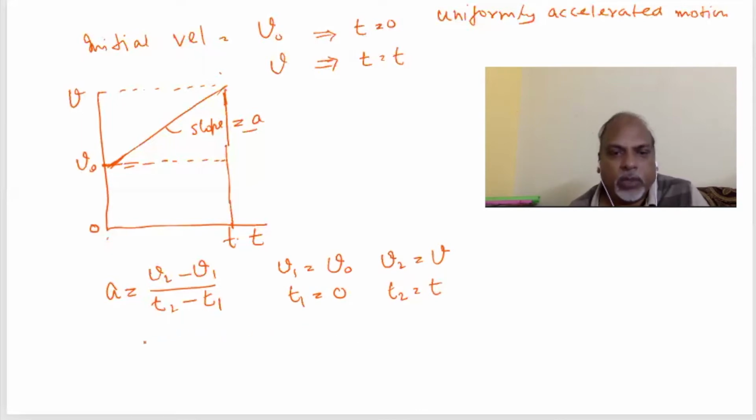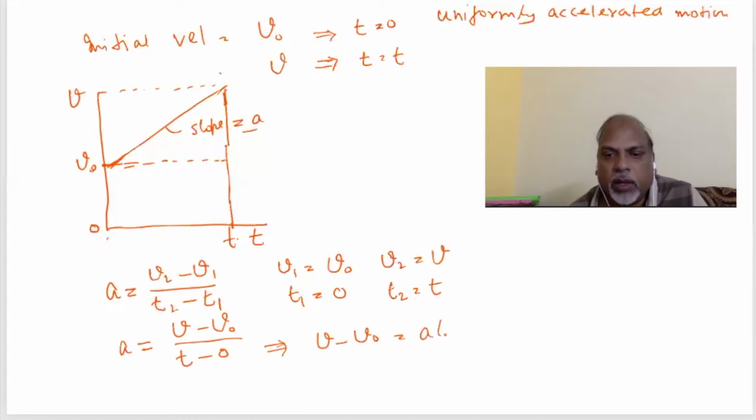Now you can put these values here. v minus v0 upon t minus 0 equals a, or v minus v0 is equal to at, or v is equal to v0 plus at.